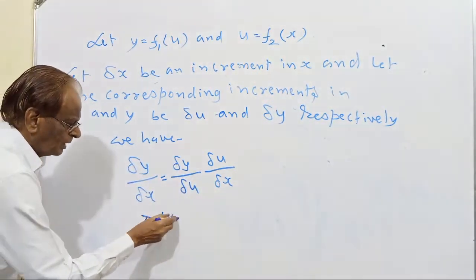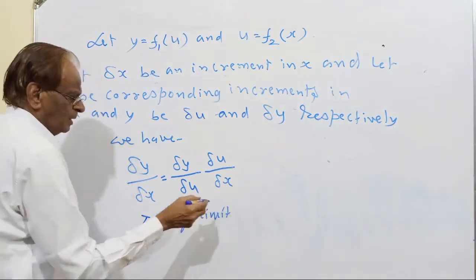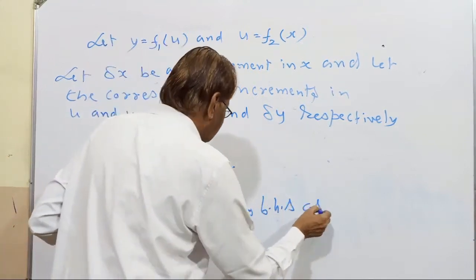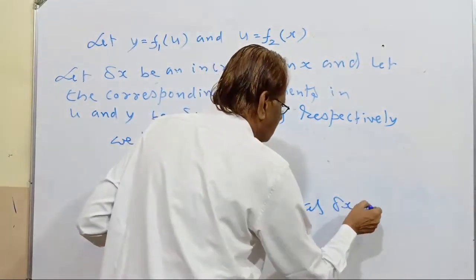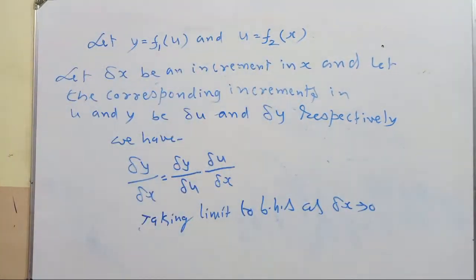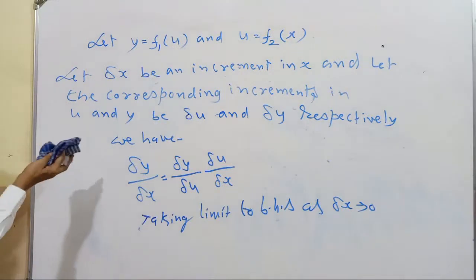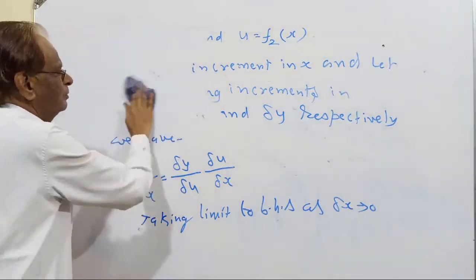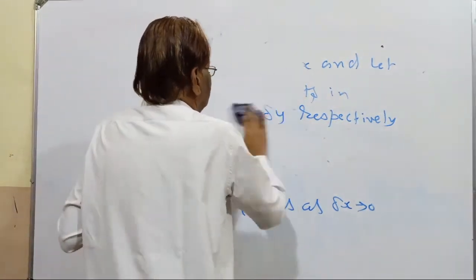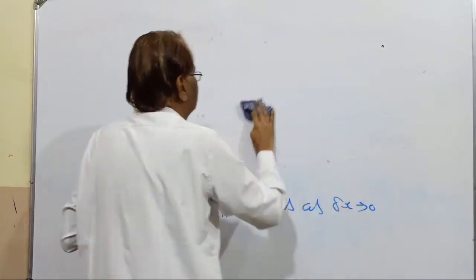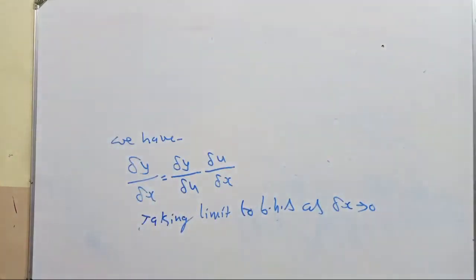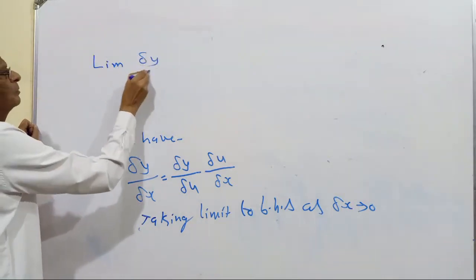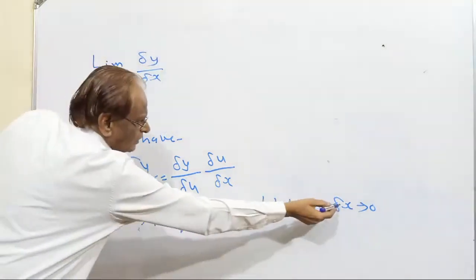Taking limit to both hand sides as delta x tends to 0. Limit of LHS when delta x approaches 0.